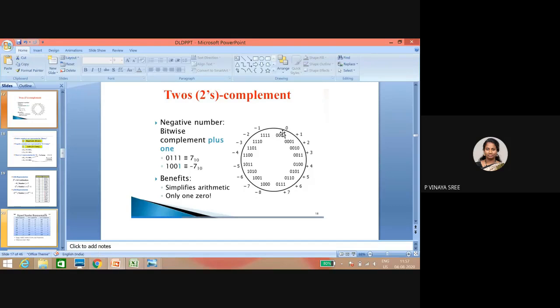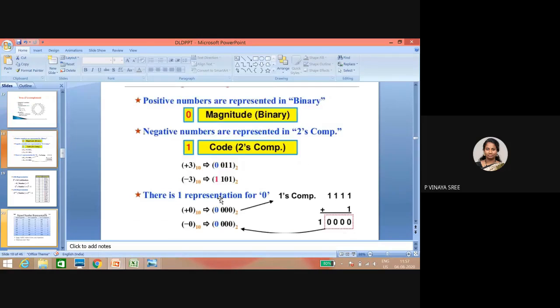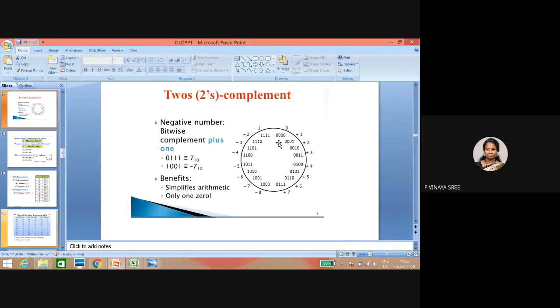So minus 8. For 0, if you add 1, you will get a 0. So this is used even for 2's complement representation. You try to see the MSB part.